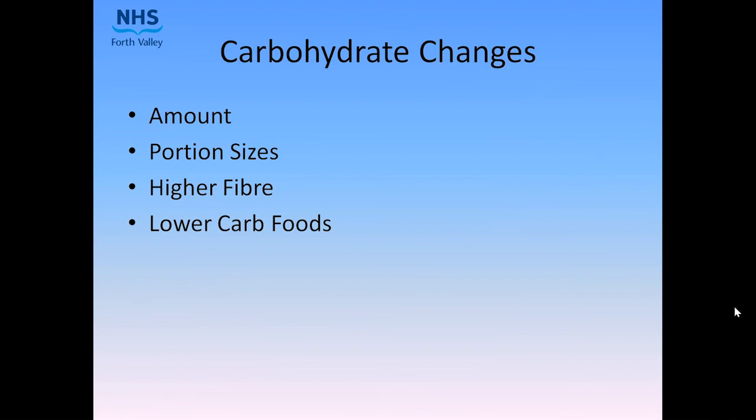The benefits of making one or more of these changes are not to be underestimated and can lead to improved blood glucose levels, weight loss, lower blood pressure, lower cholesterol, and reduce your risk of developing some of the complications linked to type 2 diabetes.